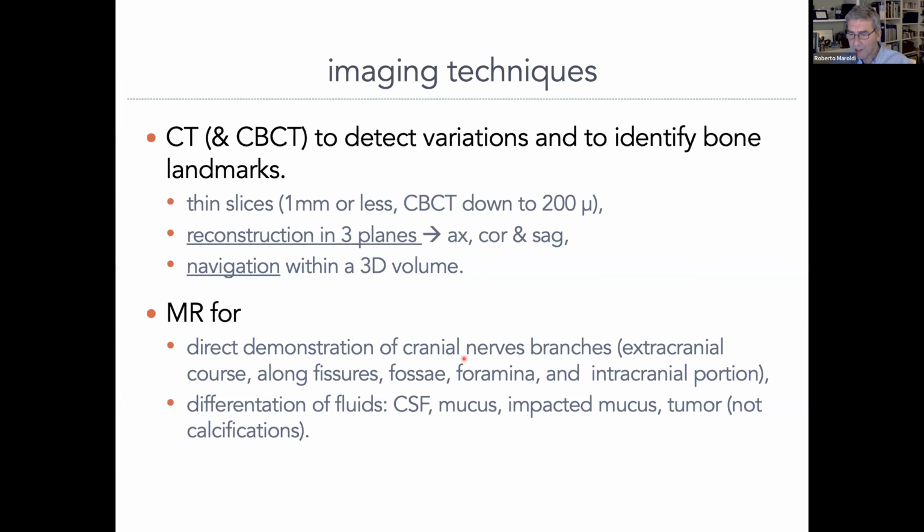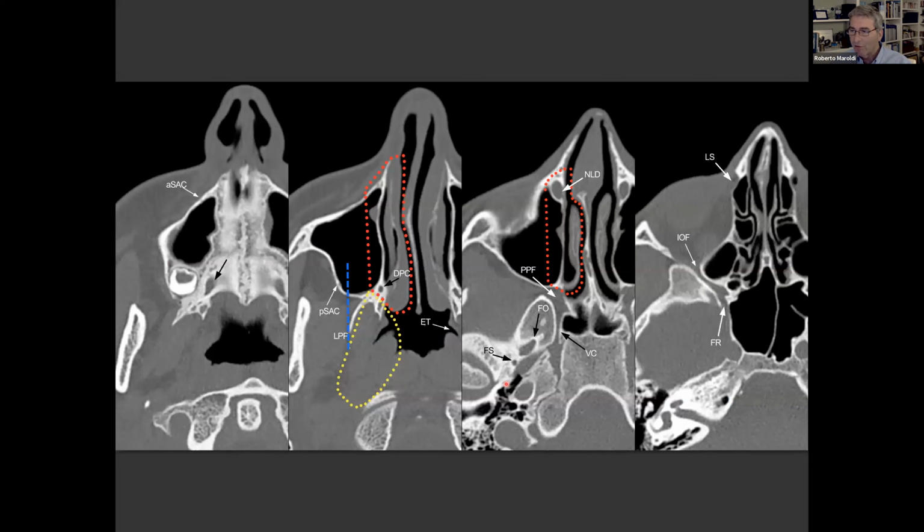Therefore, the imaging techniques that we can use are CT and cone beam CT. MRI is, I would say, very important for the direct demonstration of other structures, linear branches running along fissures, fossae, foramina, or fluid.